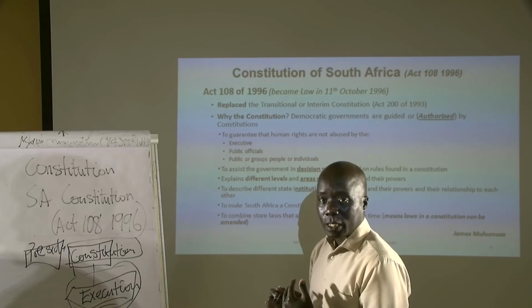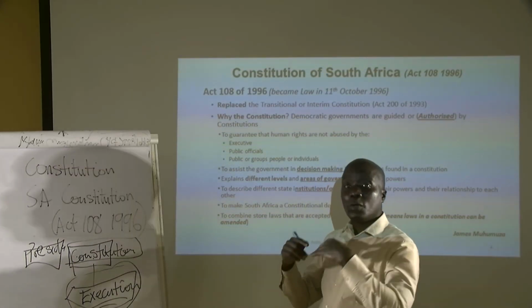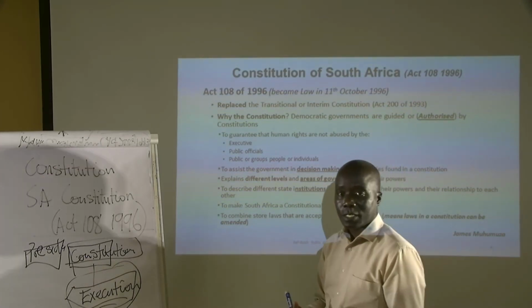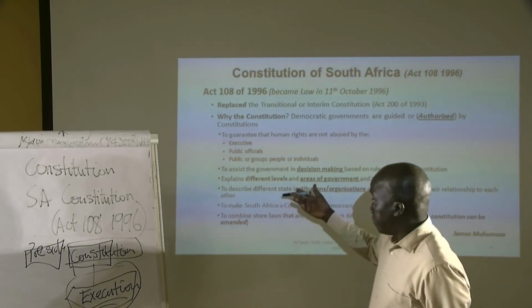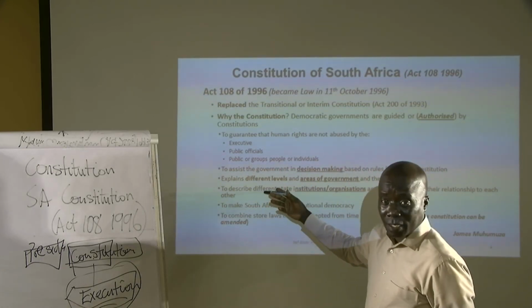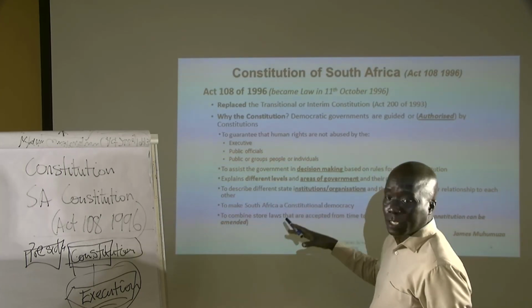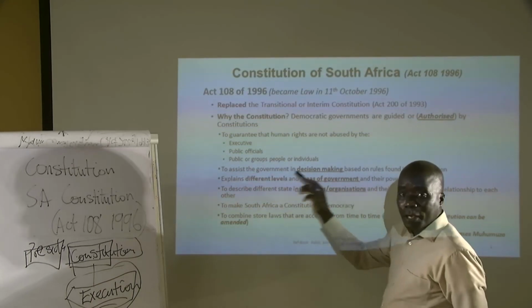You have the executive, as we said, the people who are ruling the government. You have the judiciary, the people who determine the laws, read the Constitution and interpret it. And then you have the municipalities, and the government departments, and how they relate to each other.